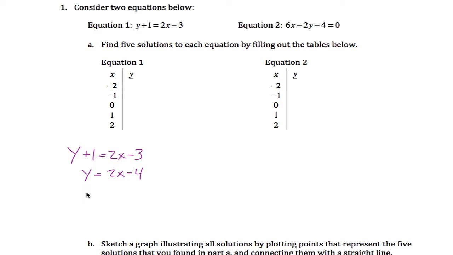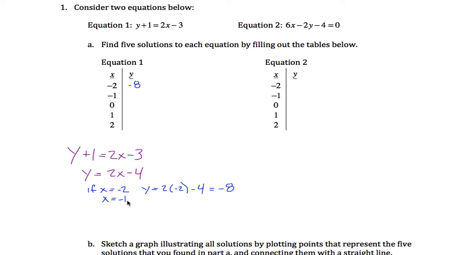If x equals negative 2, we get y equals 2 times negative 2 minus 4, which is negative 4 minus 4, which is negative 8. So I get a negative 8 up there. And then we can keep doing that.